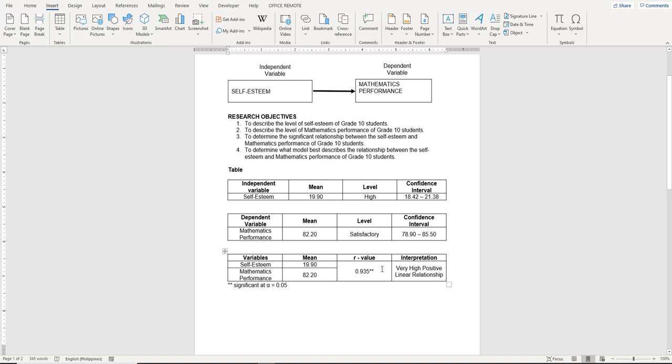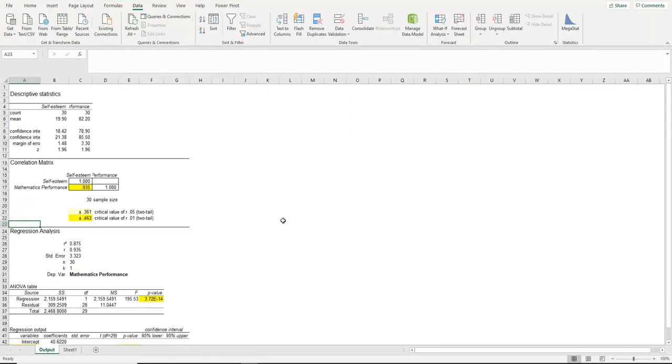Now, if you're wondering why we don't have a p-value here, that is the restriction of the MegaStat, the downfall. In the correlation matrix, the MegaStat will not give the p-value. But if we go back to the results, the MegaStat will tell you whether the R is significant at 0.05 or 0.01 by highlighting the cell.